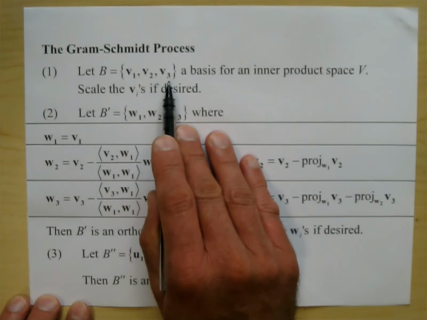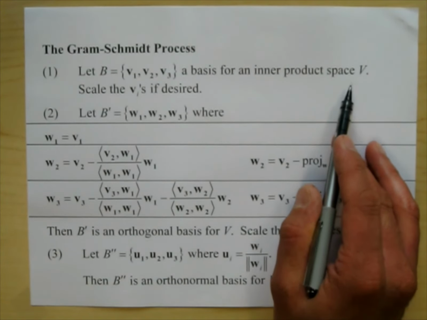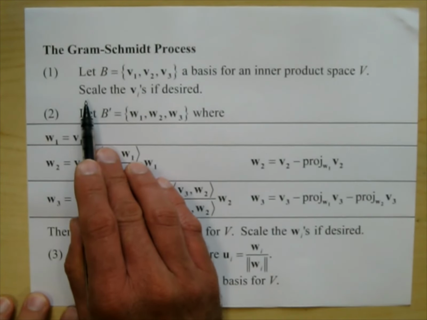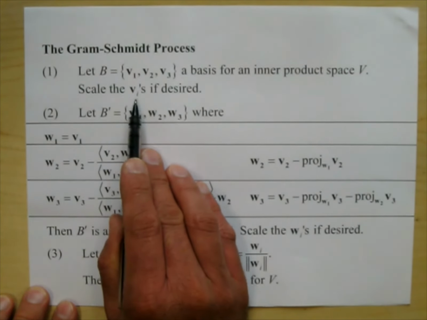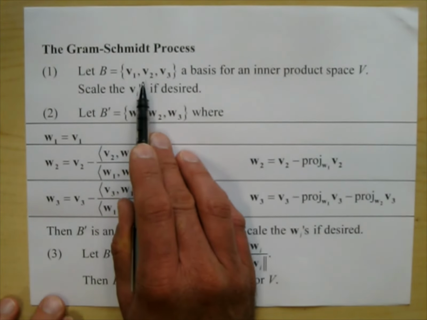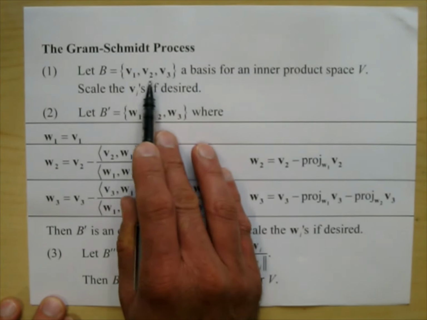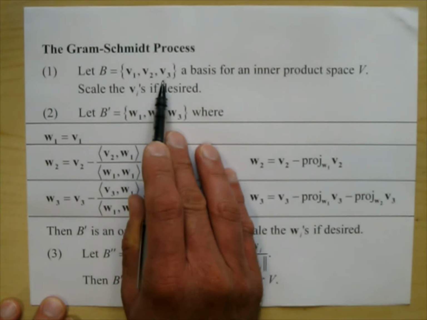So here's 3 vectors, and that's a basis for an inner product space V. Now here's the thing that your book won't say. Scale your vectors if desired. I will scale my vectors if there's fractions in them, so there are no fractions in them.